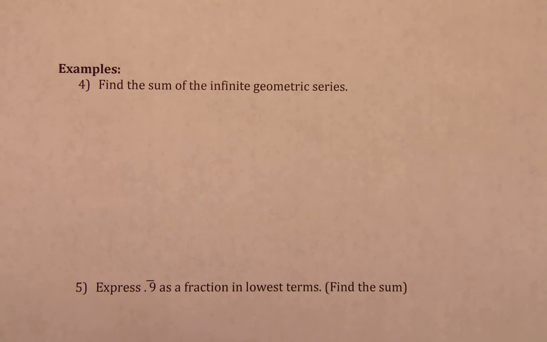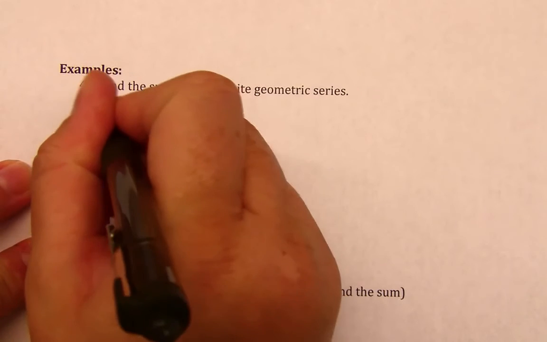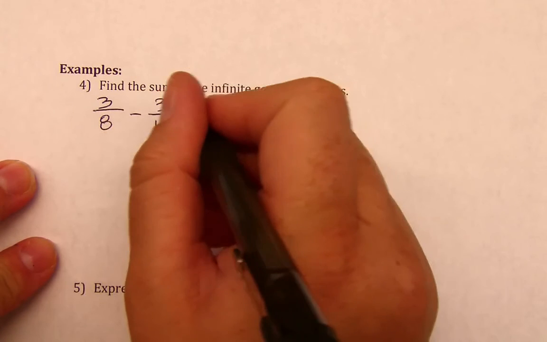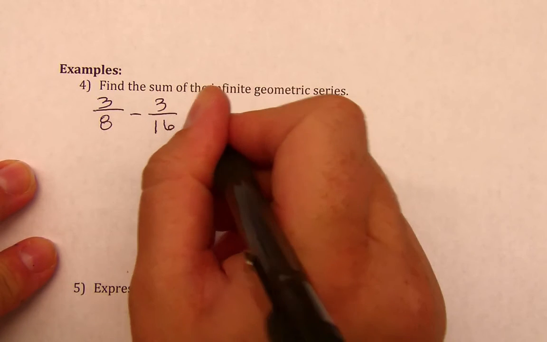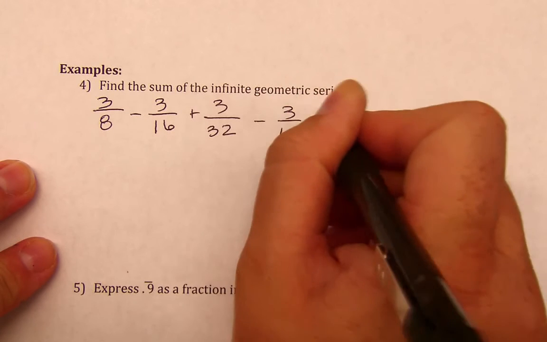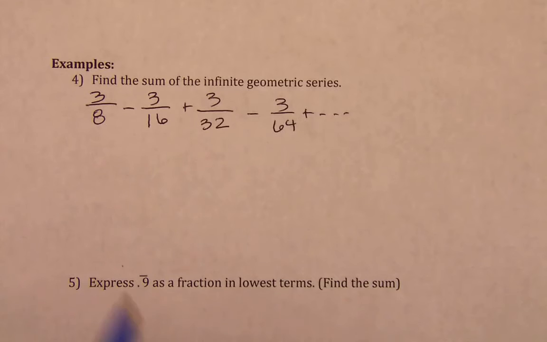Here it says, find the sum of the infinite geometric series, and let me give you a series here. If we have 3 over 8 minus 3 over 16 plus 3 over 32 minus 3 over 64 plus, and the series will go on because it's infinite. It does not end.